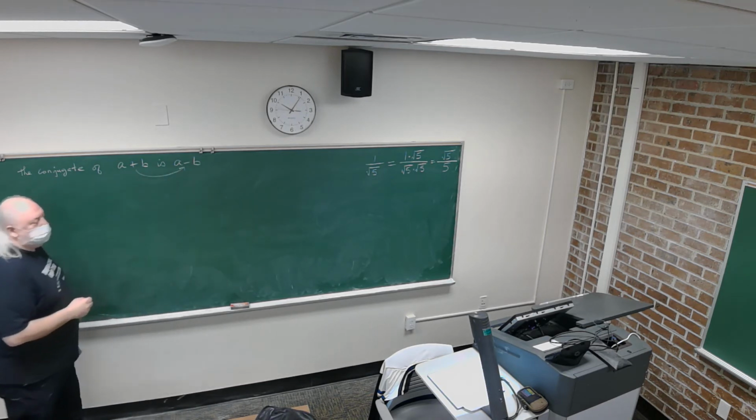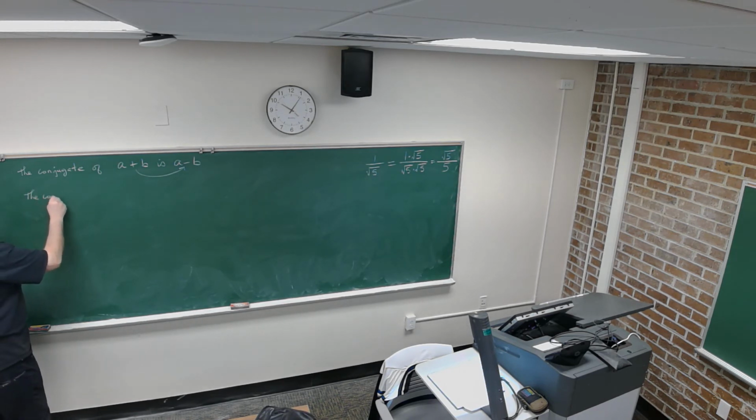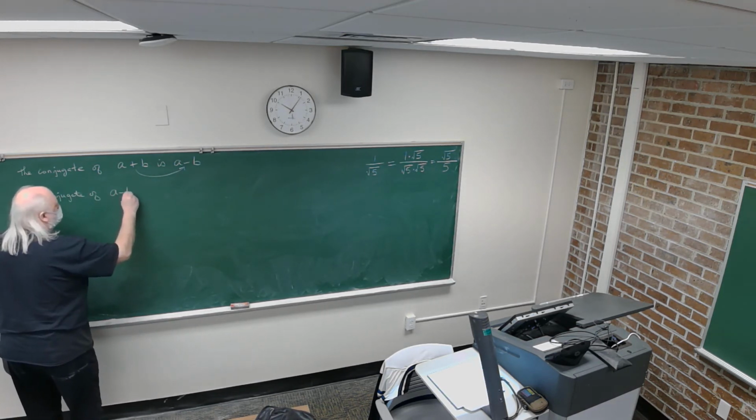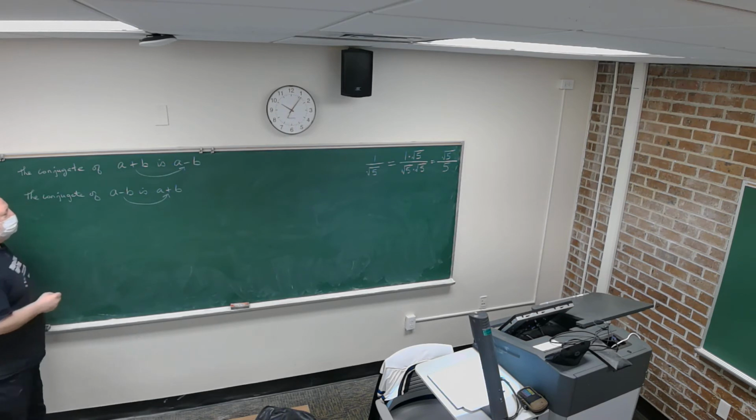All we do is change the plus sign to a minus sign. The conjugate of A minus B is A plus B. All we do is change the minus sign to a plus sign.